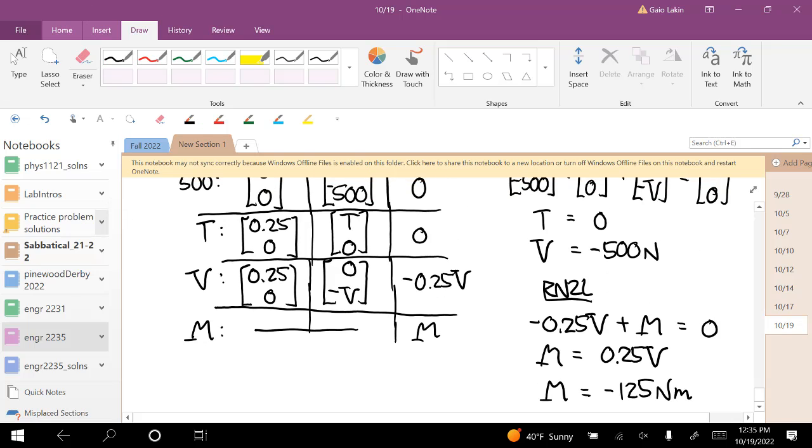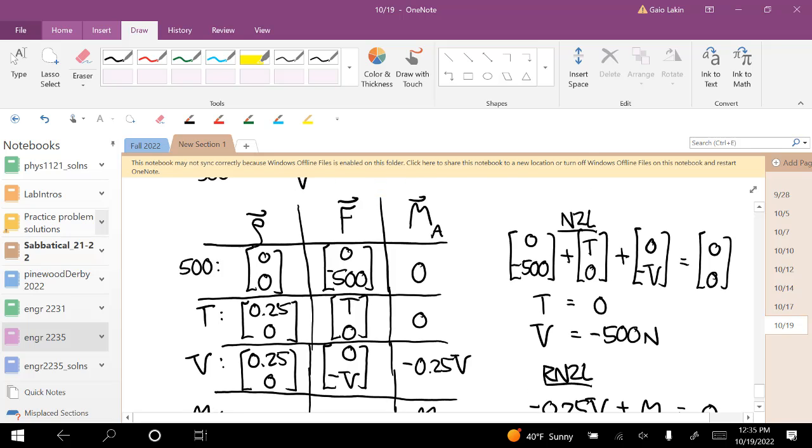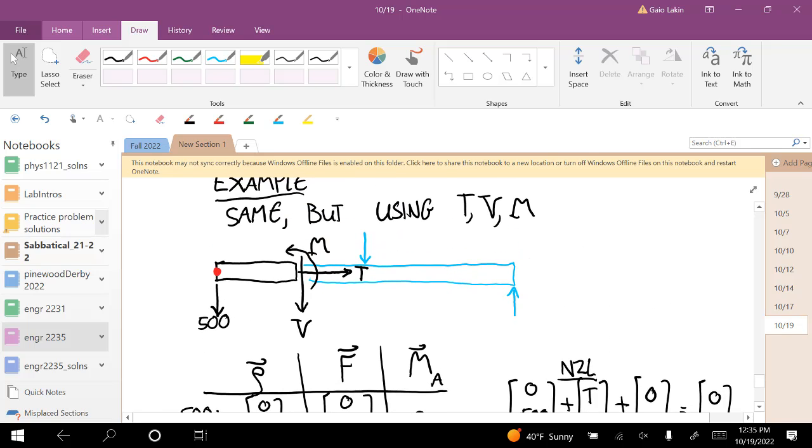I wanted you to notice something. Up until now, for rigid body statics problems, we've always used that table. But all of these beams we're going to do are going to be horizontal. And there's a much quicker way to do these calculations if you're dealing with 2D horizontal members like this.